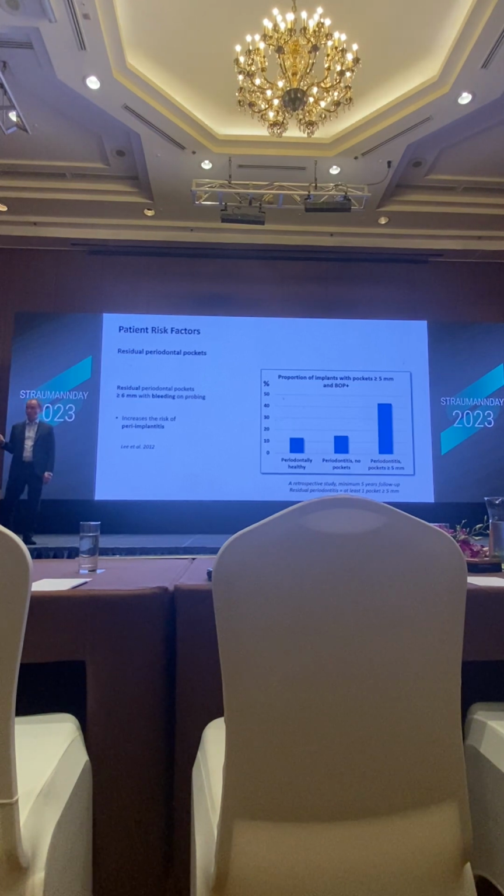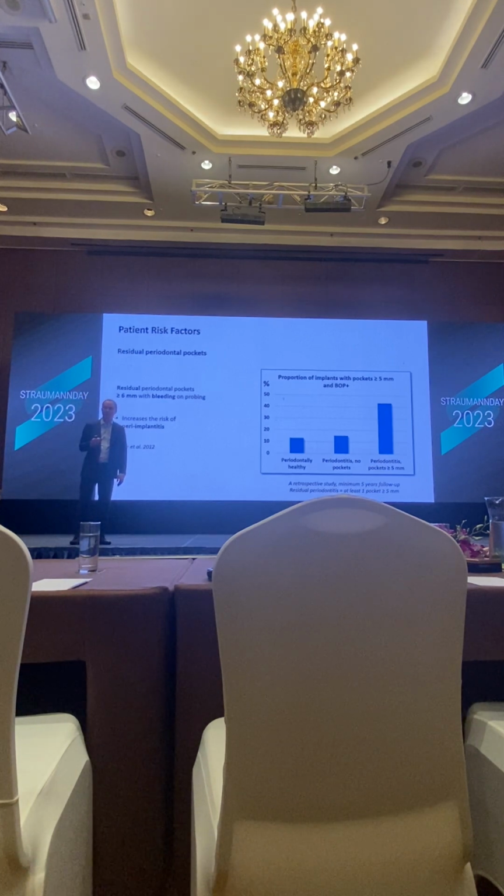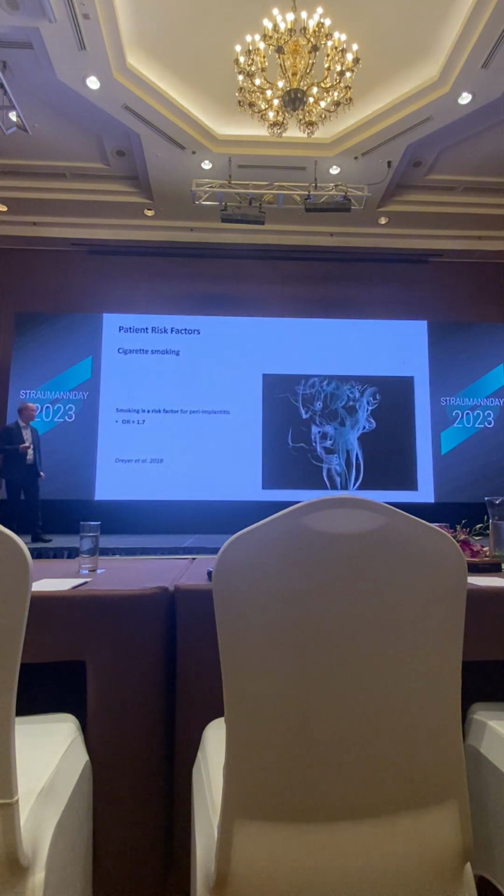And if you do choose to place implants on these individuals, you have to ensure that they're highly compliant, meaning they will come back for maintenance and for you or your hygienist to review the patients on a regular basis. So beware that residual untreated disease is a significant risk factor.